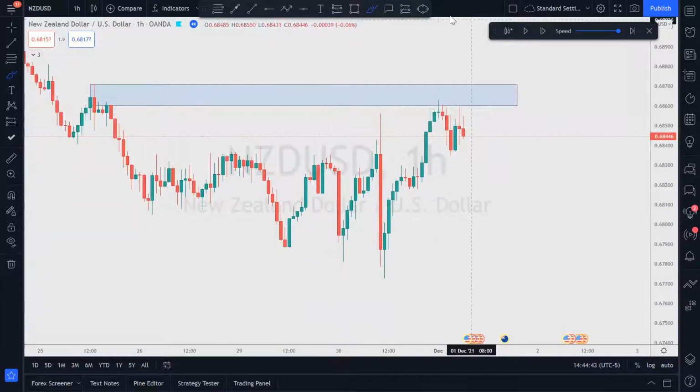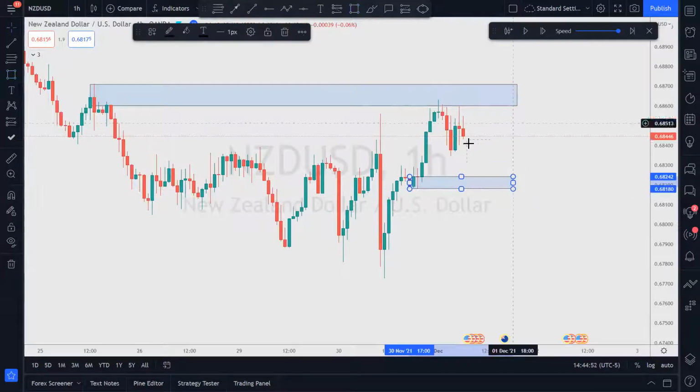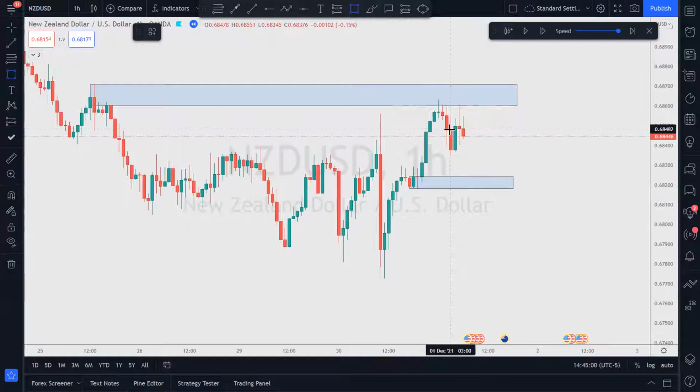I'm also going to keep in mind we have an order block here. And we have a bullish engulfer here, and I'm going to keep that one in mind. Look where we're at now. We're on the 1 hour time frame. Got it all in mind. You got it?